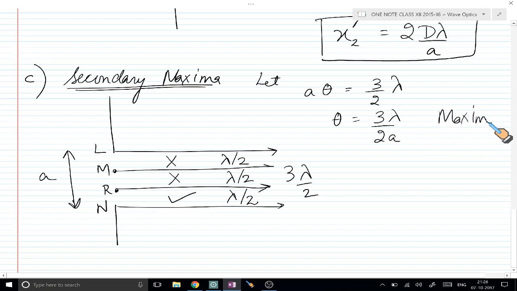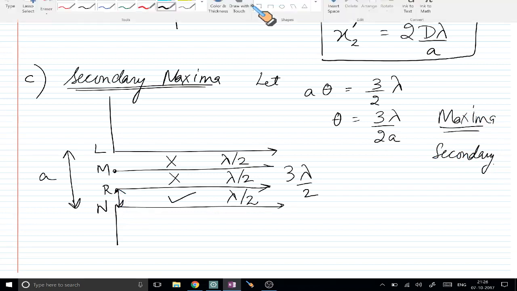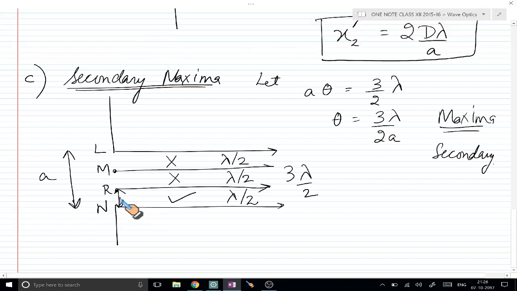If we have a maxima, we call it a secondary maxima, because the width of RN is only a by 3. This is full a. The width of RN is only a by 3.